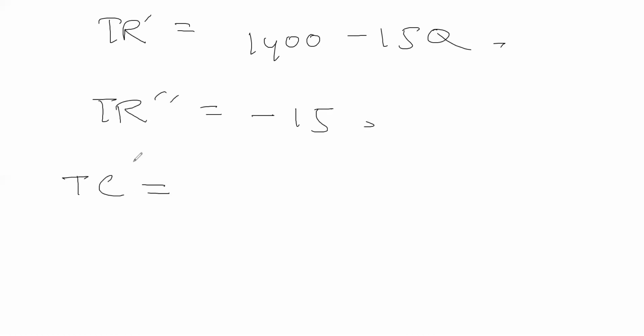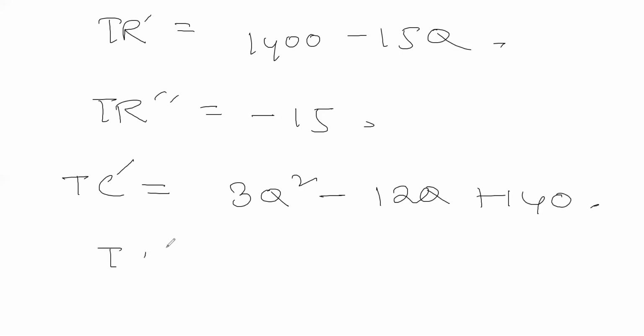And the total cost, which was differentiated once, gave us 3q square minus 12q plus 140. So if we differentiate it twice, we will simply get 6q minus 12.